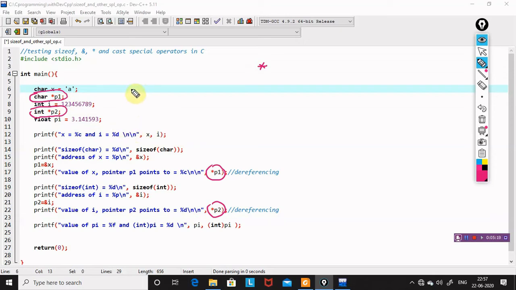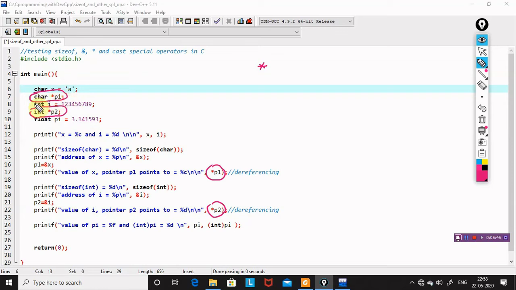Now the data type of the variable it is pointing to would also have to be mentioned in front of the pointer variable when it is declared. So in this case, p1 is to point to a character variable. That's why we write char star p1.